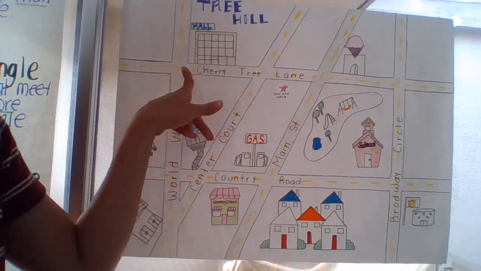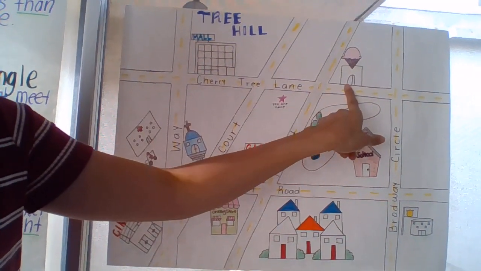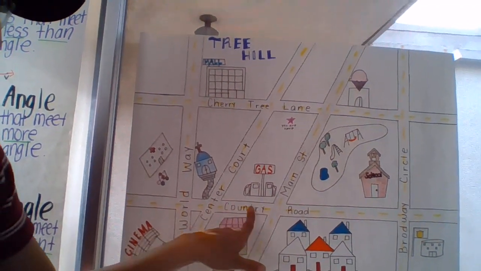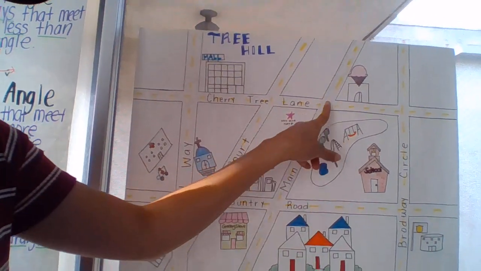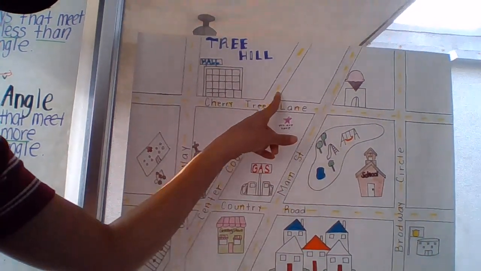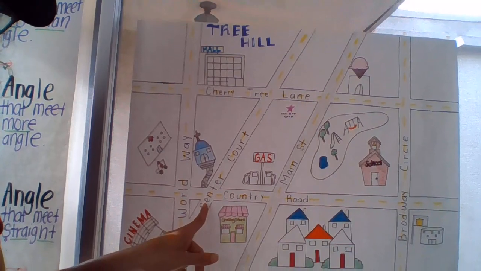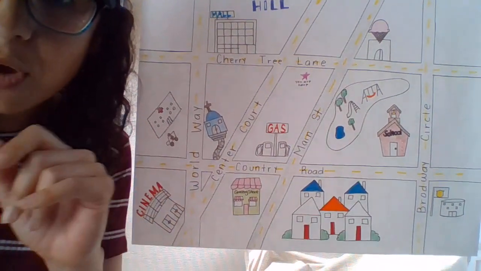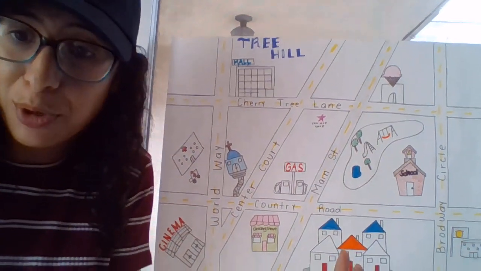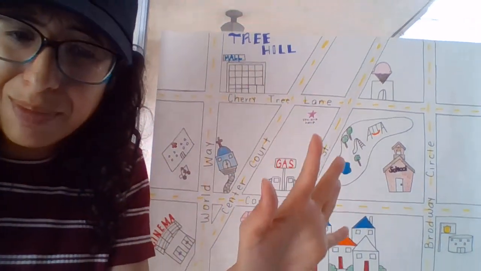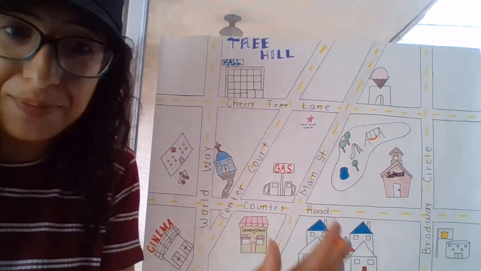This right here is Cherry Tree Lane. This right here is Country Road. This is Main Street. And this is Center Court. You can name them whatever you want as long as it's school appropriate. I don't care what you name them. Just make it school appropriate.